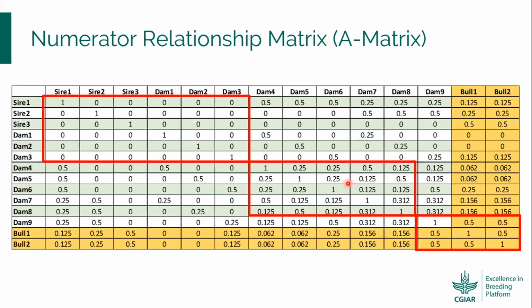You can find some that are full sibs. For example, let's look for a 0.5. So dam 8 and dam 4 are full sibs. There might be some half sibs, the 0.25, and also some cousins in first grade. Then at the end of the matrix, you have another 3 individuals, highlighted in yellow.